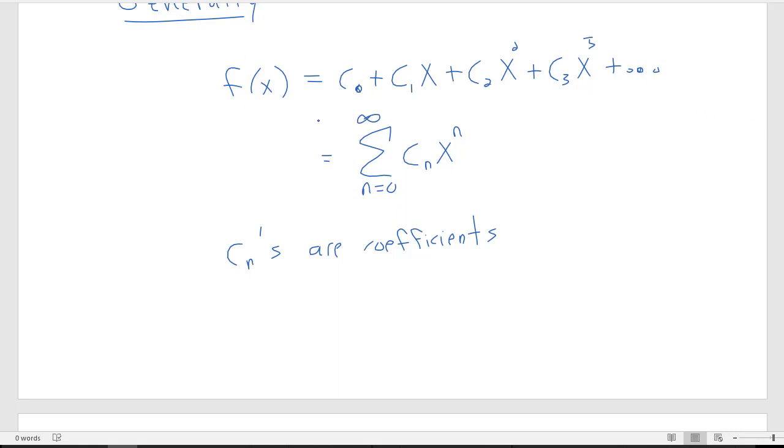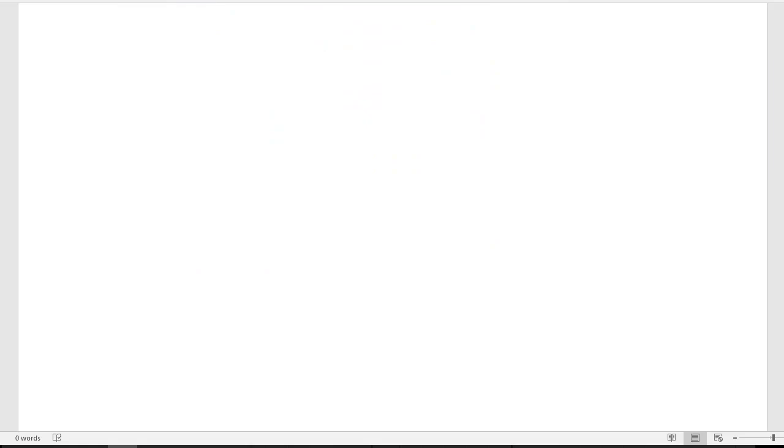So I'm going to take a look at this form here, where we have the series centered at 0. We have coefficients and powers of x. And the first one I want to look at is, let me rewrite the general form. That was c sub 0, c1 x plus c2 x squared plus so on and so forth.